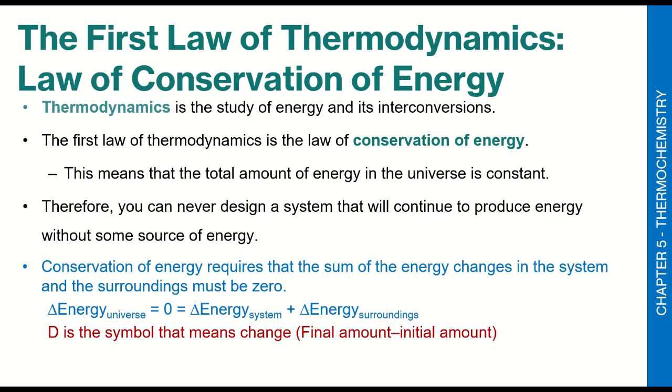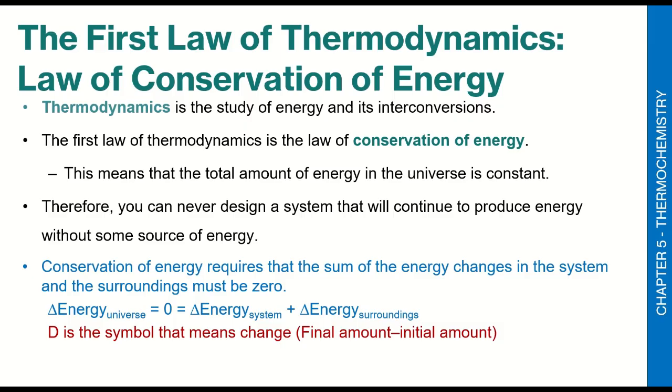Okay. So thermodynamics is the study of energy and its interconversions. The first law of thermodynamics is the law of conservation of energy, right? So when chemical energy in a broken bond is released, it won't be created or destroyed. Heat will just be converted into another energy.